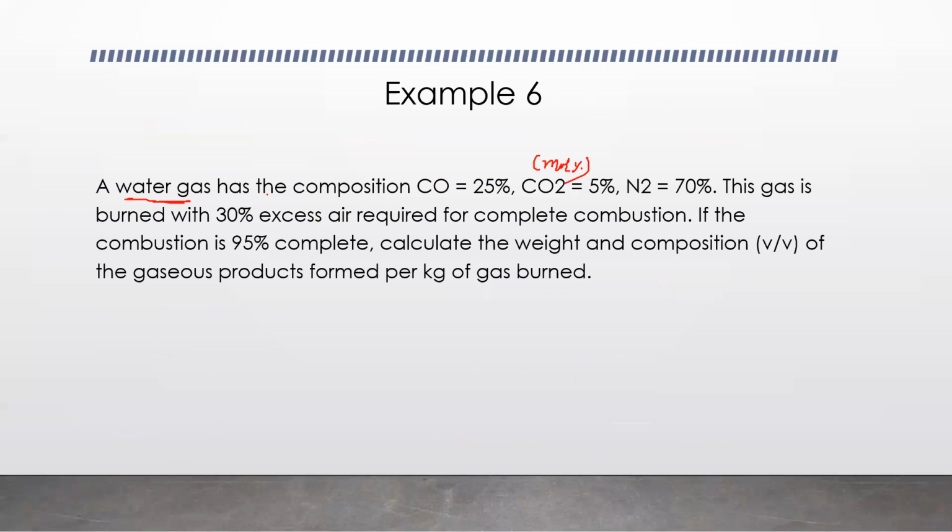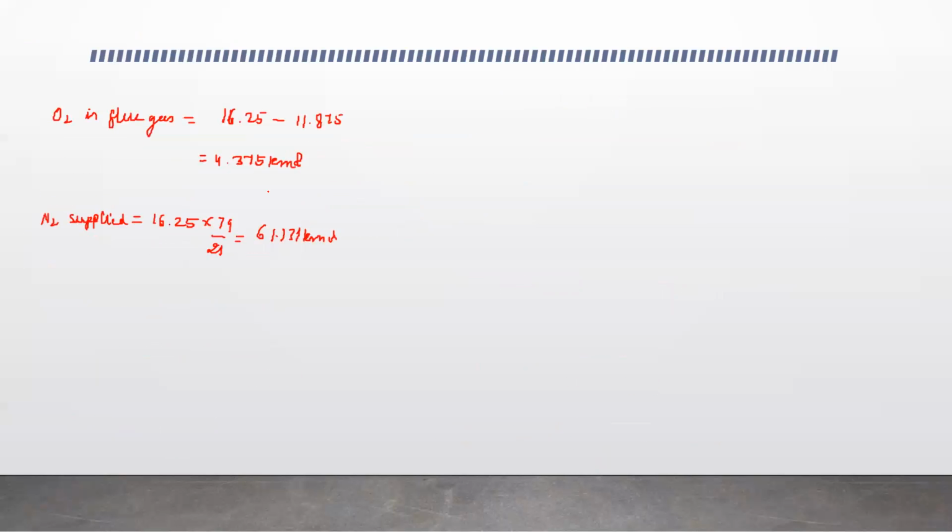Now what they need to calculate is the weight and composition of the gaseous products. First, let's go ahead with the composition. Components: carbon monoxide, carbon dioxide, oxygen, and nitrogen.